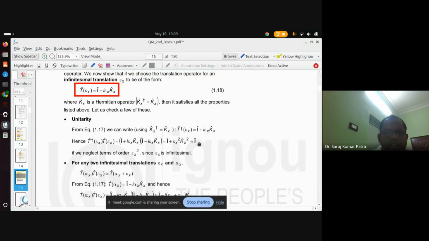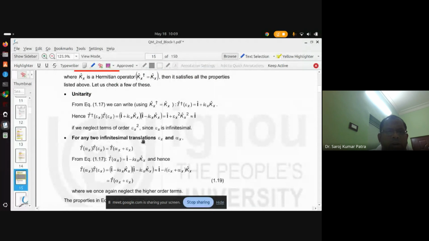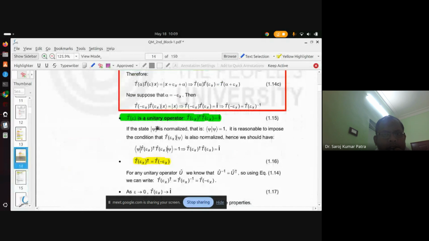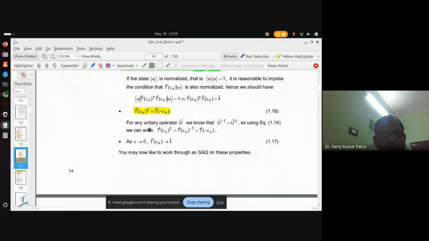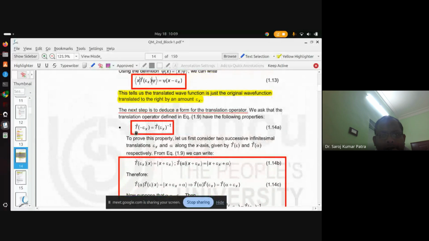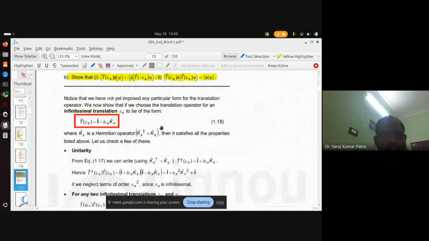It satisfies that condition. For any two infinitesimal translations, epsilon x and alpha x, T alpha x into T epsilon x will be equal to T alpha x plus epsilon x. This is the property saying that we should have an inverse relation over here, so that can be satisfied.